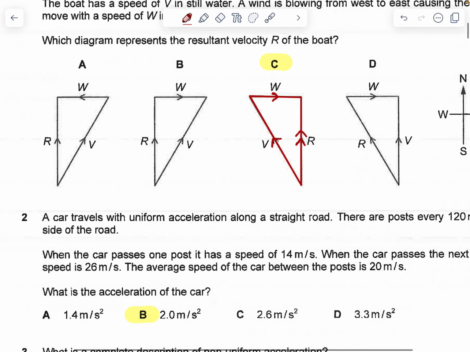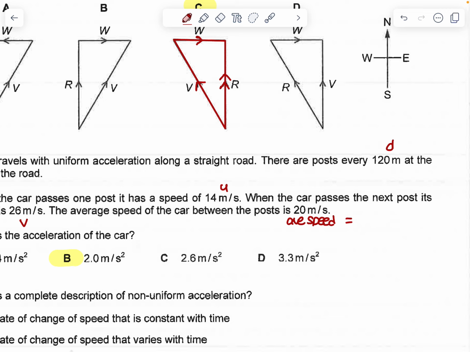Second question, a car travels with uniform acceleration along a straight road. There is a post every 120 meters. It has a speed of U, passes the next post, V, average speed 20 meters per second. So you can use the formula, average speed equals total distance divided by total time taken.